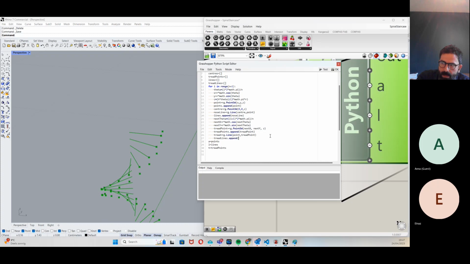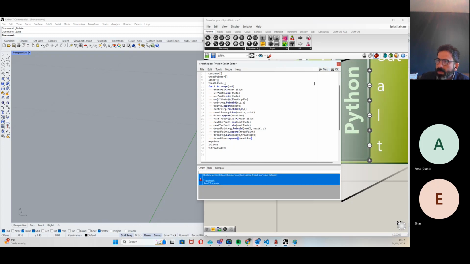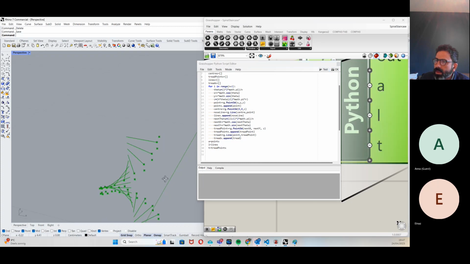Append thread line. What did I do wrong? Thread line. Okay.